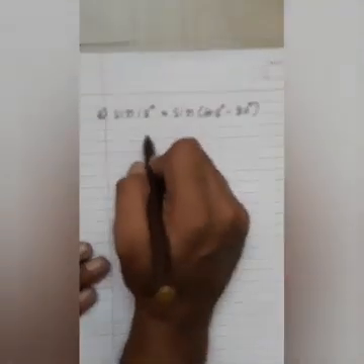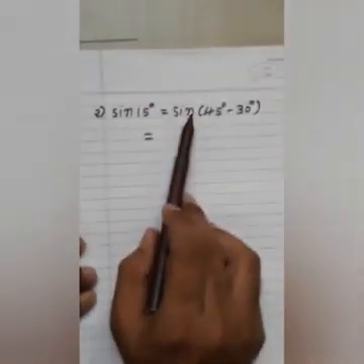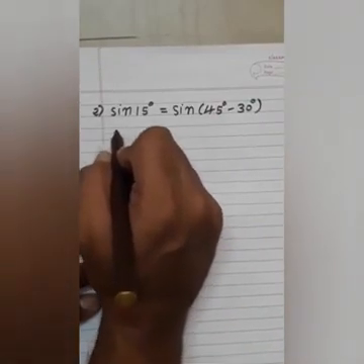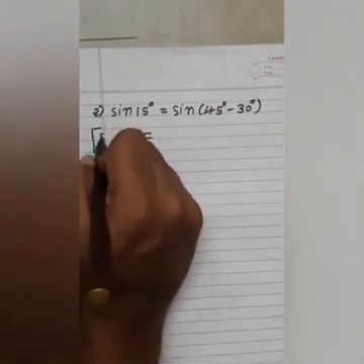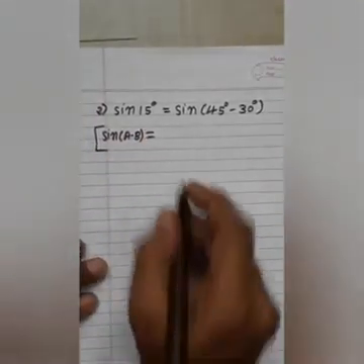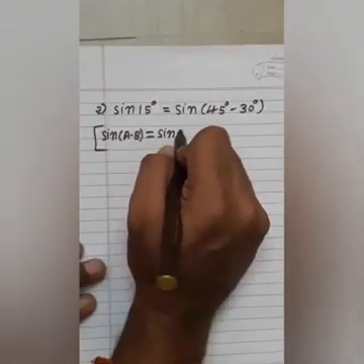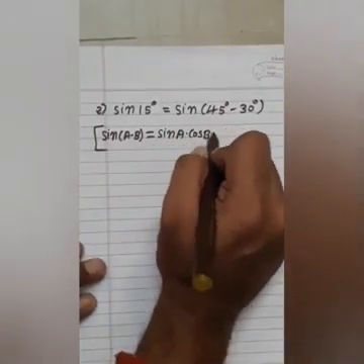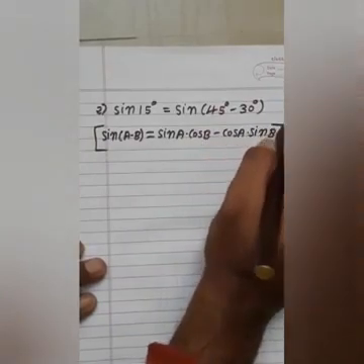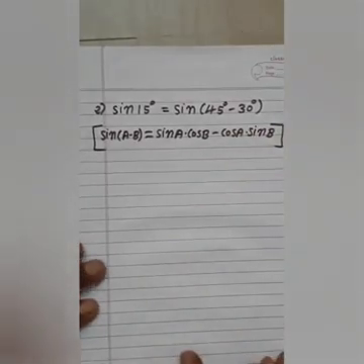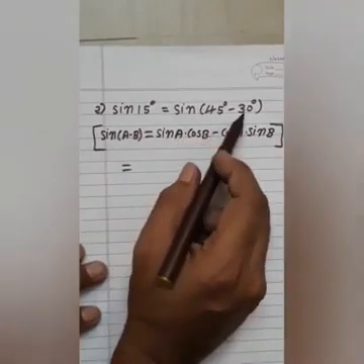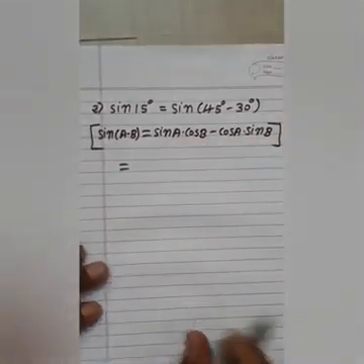So again here apply the identity sine A minus B, which is equal to sine A cos B minus cos A into sine B. Here we can consider A as 45 degree and B as 30 degree.